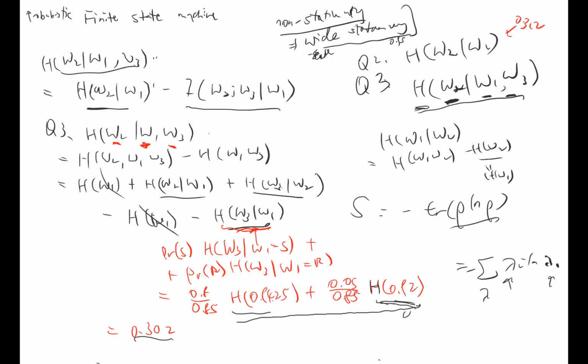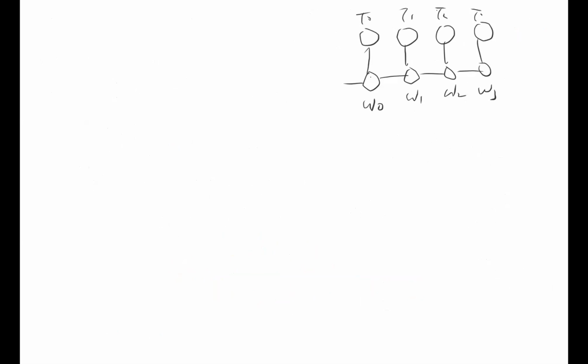Let me go through that quickly. You can ask me any question though, if you want to stop me anytime. So let me just plot again what we have. The model is something like W2, W3, and we have the temperature here, where we're observing T0, T1, T2, T3, and so on.